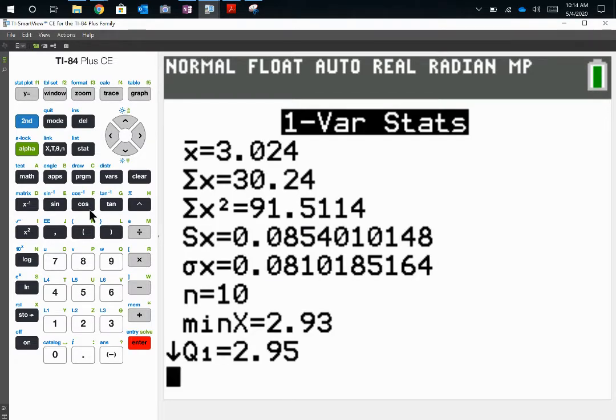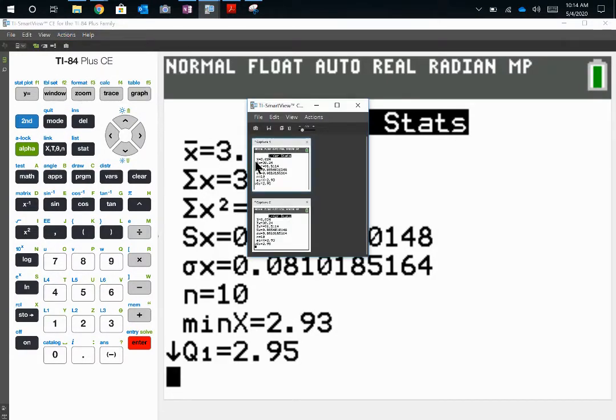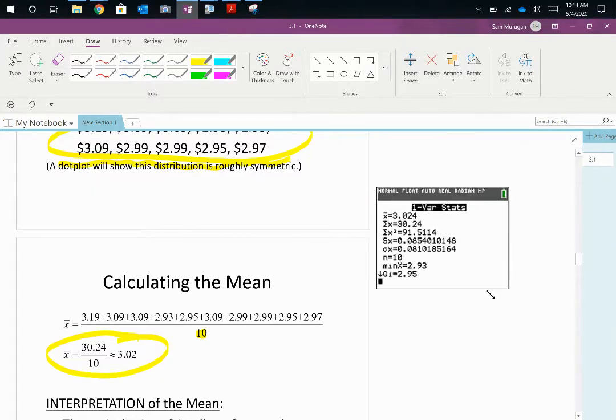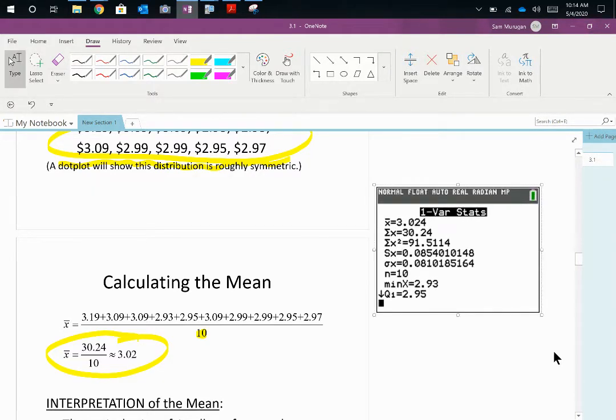So to interpret this data, I'm going to copy this and paste it into our notes as what I got out of the data. Okay, this is what I got from the calculator. Notice that the calculator computed the mean for me. This x-bar right here is the mean of the data. Okay, now there's more information here that I'm going to discuss in a little bit, but let's move on.